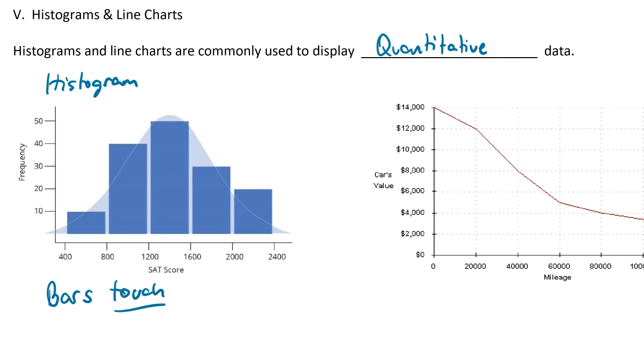All right. And this, instead of being done by a normal frequency table, this comes from a bin frequency table.